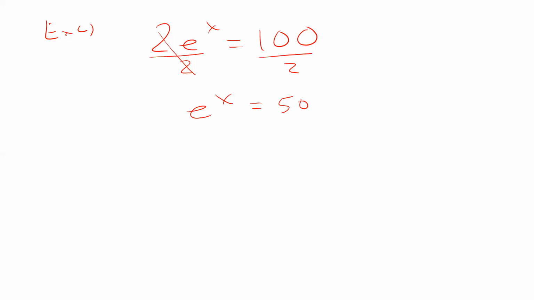Final grades are just... Okay, what do we do here? Anybody? Add an ln on both sides. ln here, ln there. Okay, and anybody want to tell me how to finish it off? Can't you put the exponent in the front? X in front, yeah, because of the power rule.